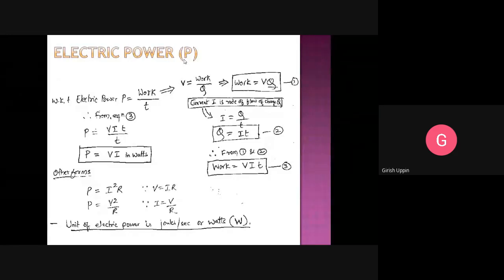Capital I means direct current, capital V means direct voltage, and capital P means power.